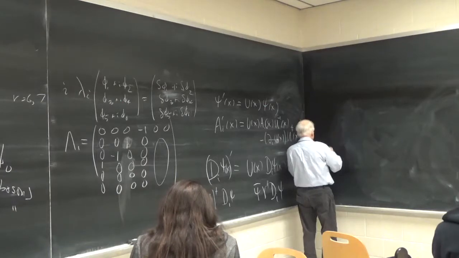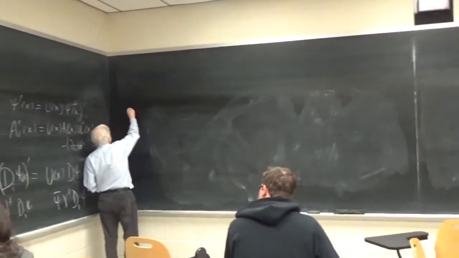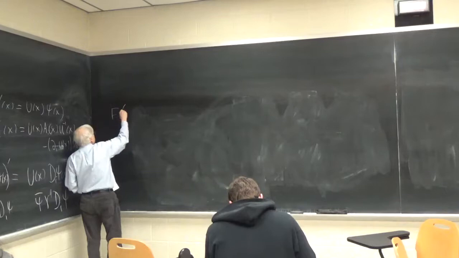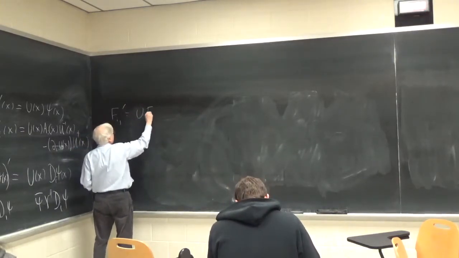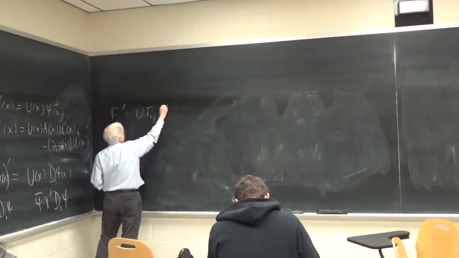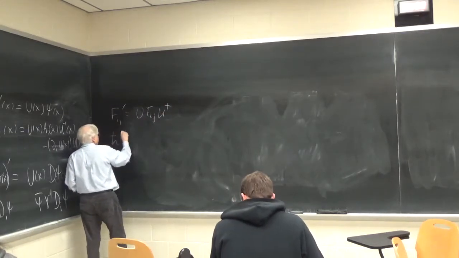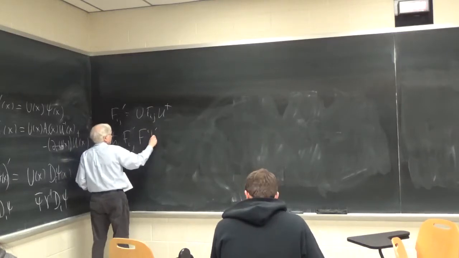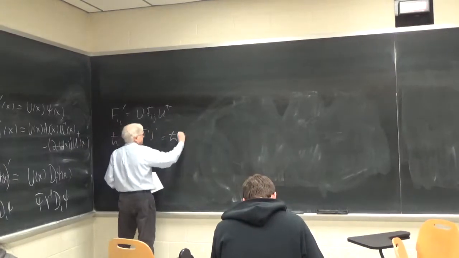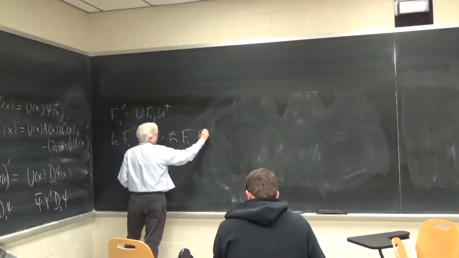What happens is that Fij prime is U Fij U adjoint, and so the trace of Fij prime is equal to the trace of Fij.